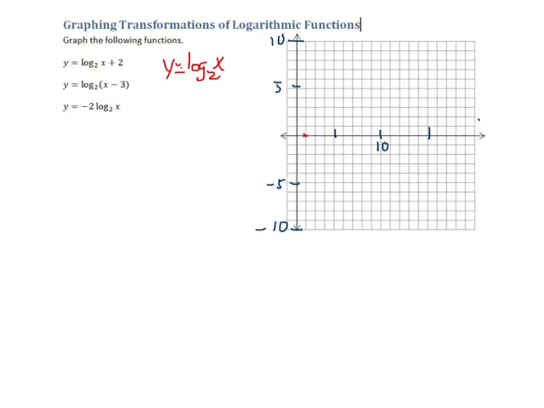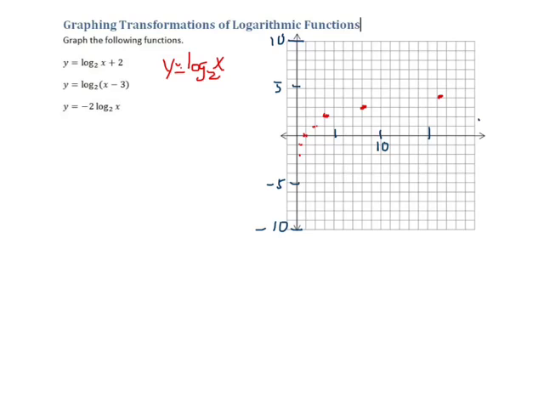So we're going to put a point right over here. 2 to the second power is 4, so we're going to have a point right over here. 2 to the third power, we're going to go up 3 and over to 8. 2 to the fourth power, we're going to go up 4. 2 to the fourth power is 16. And then we're going to have a half, a fourth, so on and so forth.